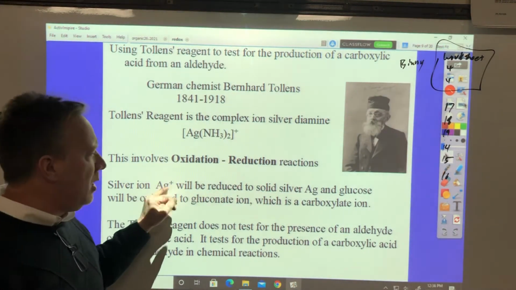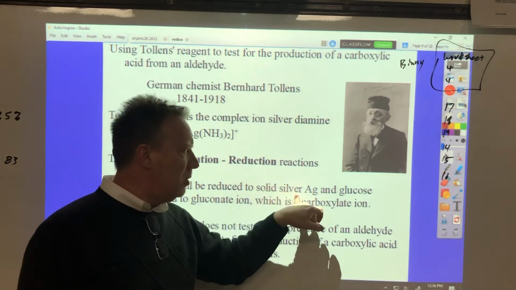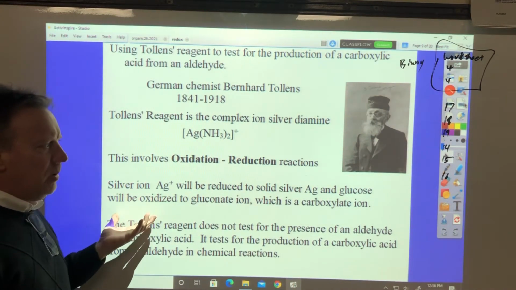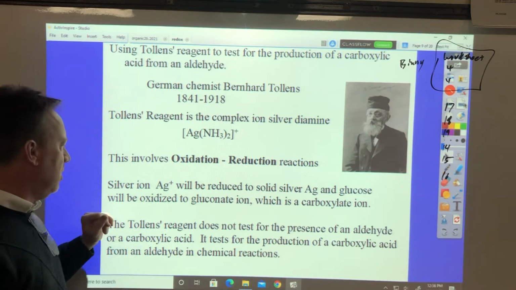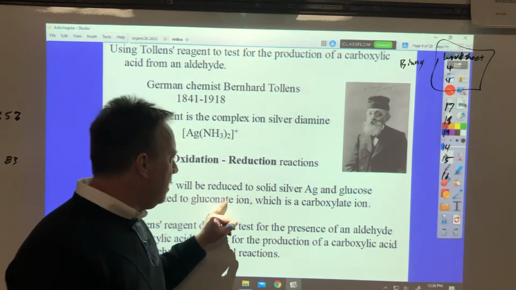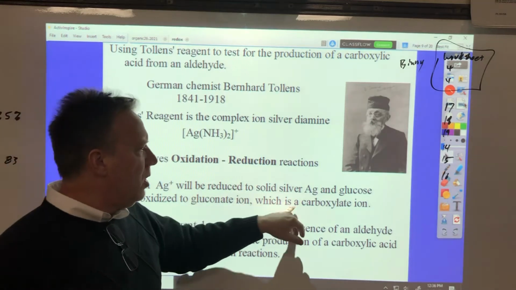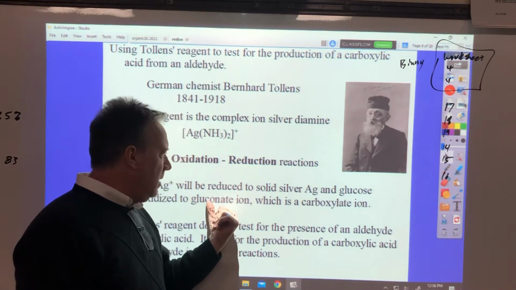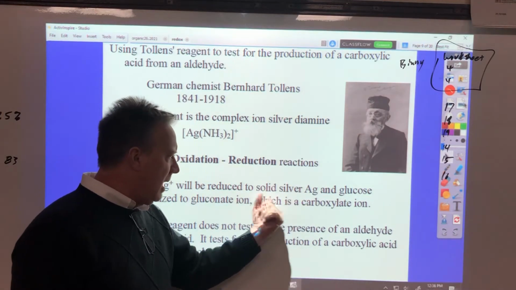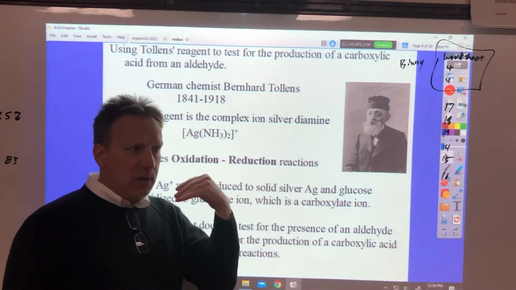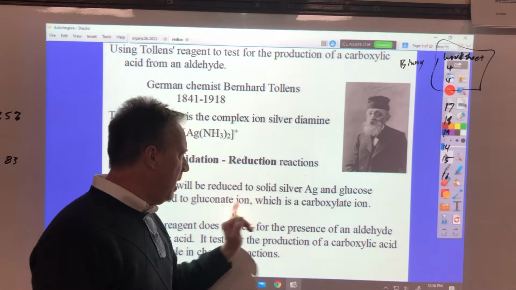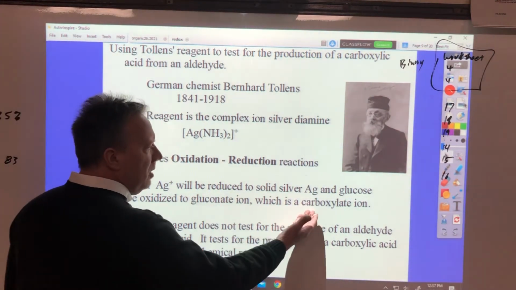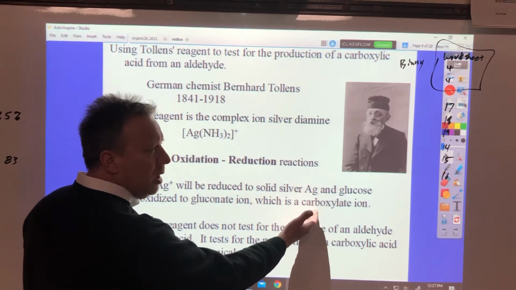Our silver ion will gain an electron and be reduced to solid silver, and the glucose, which is also called dextrose, blood sugar, will be oxidized to gluconate ion, which is a carboxylate ion. In other words, it's carboxylic acids. It's a carboxylic acid minus the hydrogen, so it already gave the hydrogen away and it'll make an ion. So we can interchangeably talk about the carboxylate ion and carboxylic acid.